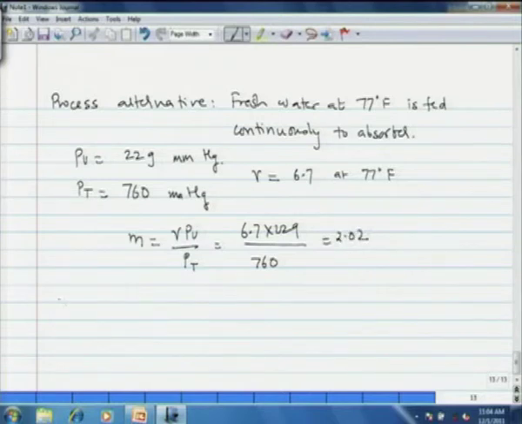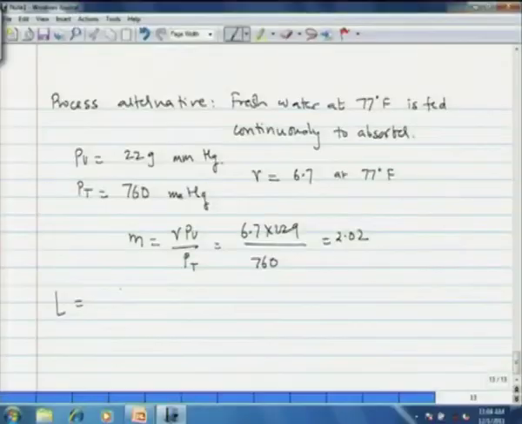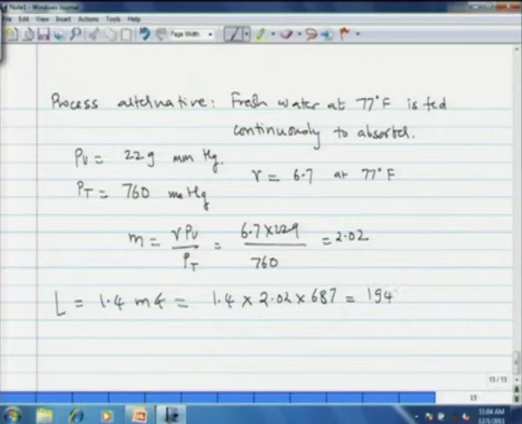And then for the molar flow rate of 687 moles per hour of air, the water flow rate that is required is L is equal to 1.4 into m into G, that is 1.4 into 2.02 into 687, that is 1943 mole per hour.